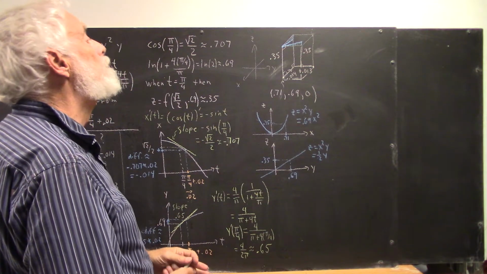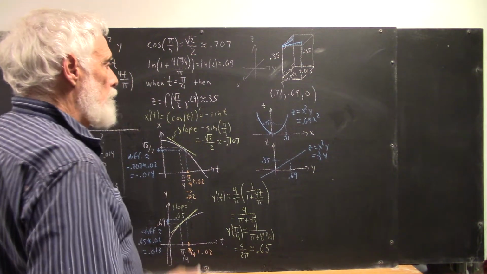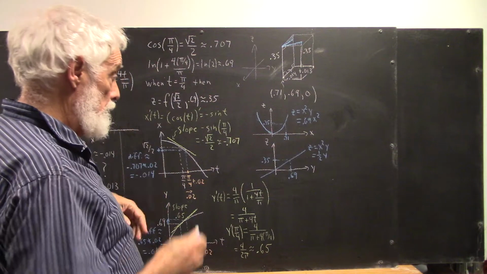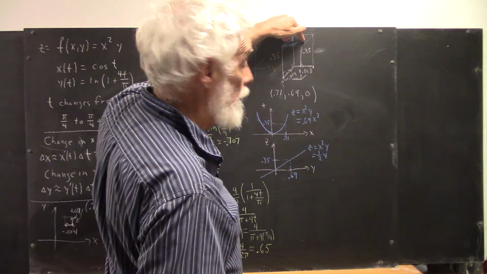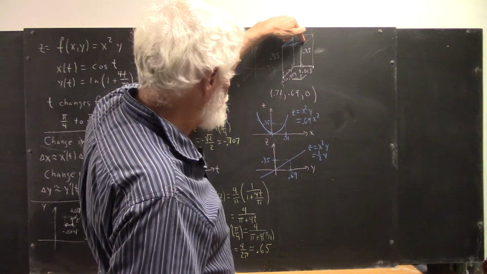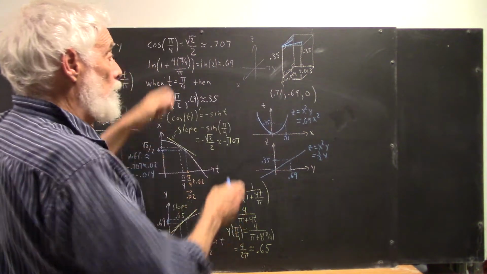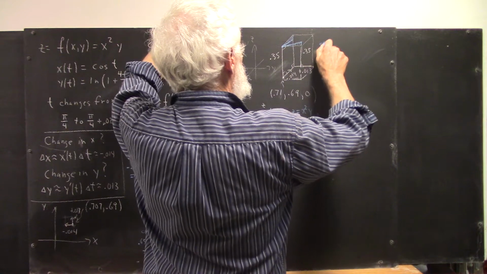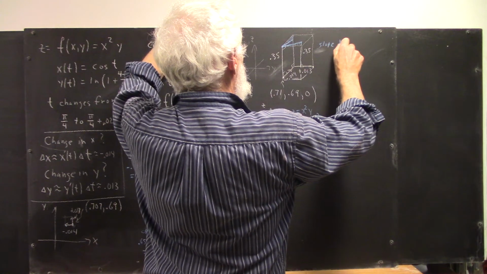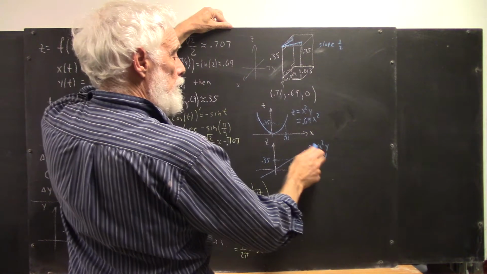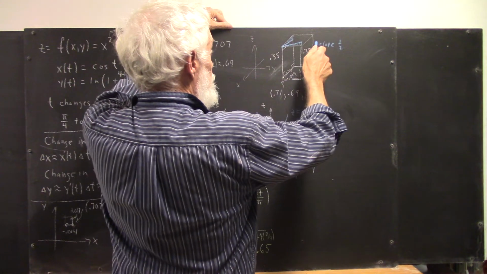So we know that this has a slope equal to the slope of this function at this point. This has a slope of 1/2, because the slope of z equals 1/2 y is always 1/2.